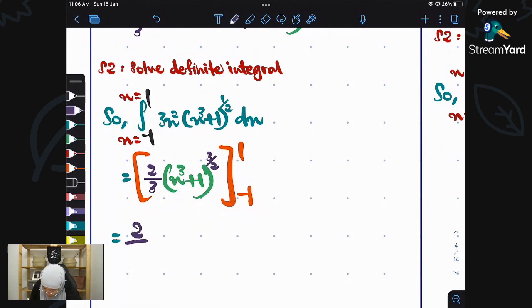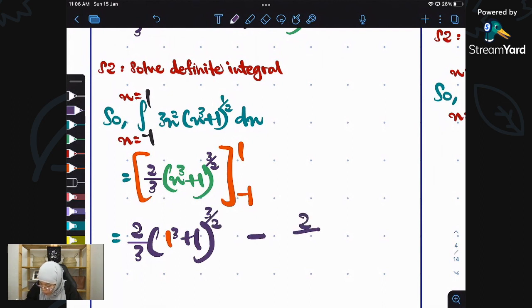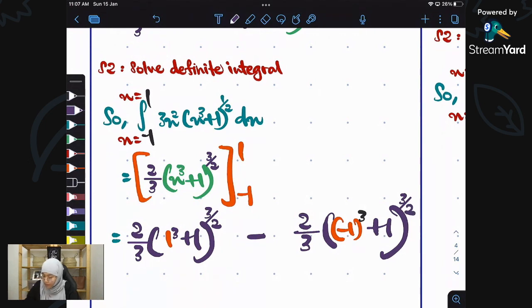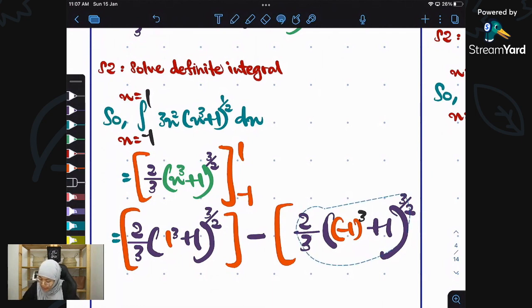Okay, so the answer is 2/3 times 1 cubed plus 1 to the power of 3/2, then minus with 2/3 times -1 to the power of 3 plus 1, tutupkan dengan power 3/2. So please put a big bracket there, please. I beg you, please write down a big bracket there.